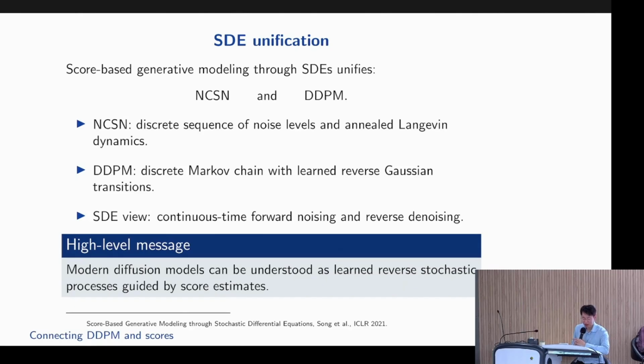The message is that pretty much all modern diffusion models can be understood as a learned reverse stochastic process guided by the score estimate. The score estimate might be different based on which model you use, but they're going to be different only up to a constant.